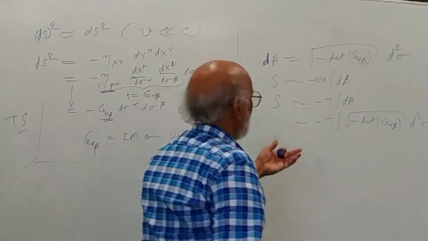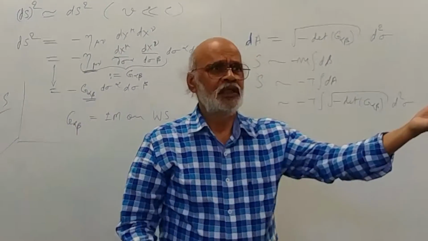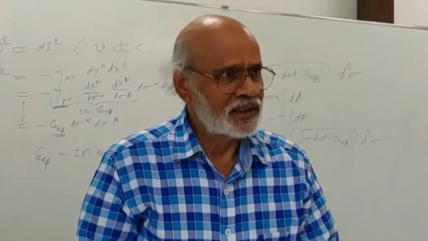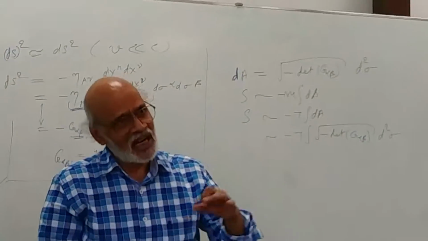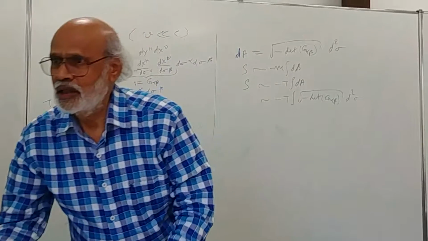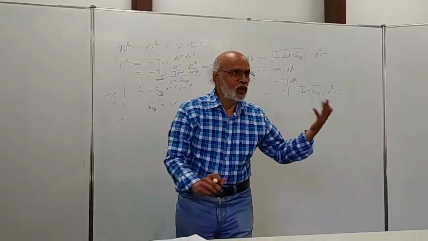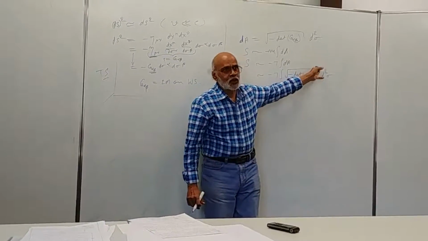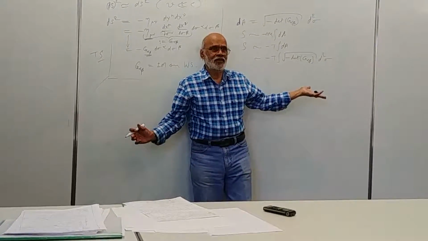So the mass is to be replaced by the tension. This is not a derivation, it's just a generalization. This is how we intuitively go from simple zero-dimensional objects, point particles, to one-dimensional strings.